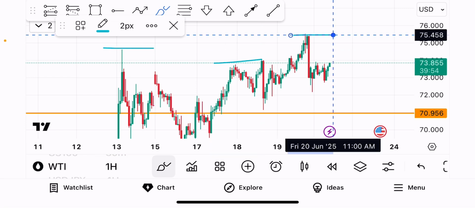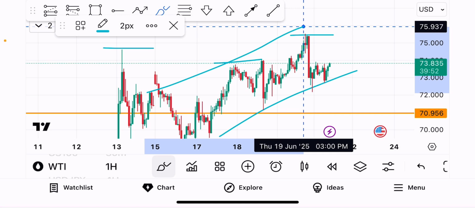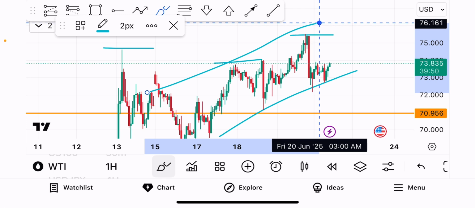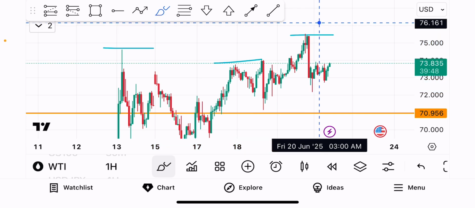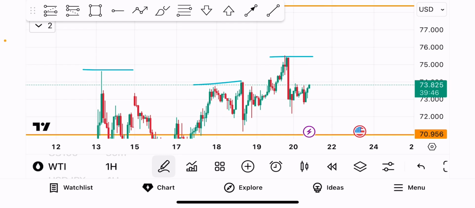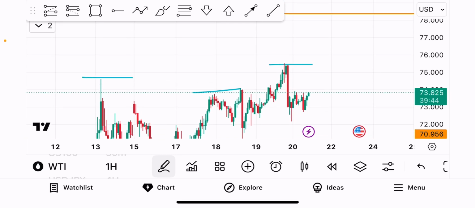Okay, so price is still kind of moving in a bullish channel. So for us to make a sell today, we are looking forward to seeing price shift again. If we notice a shift, we can take advantage of that sell.